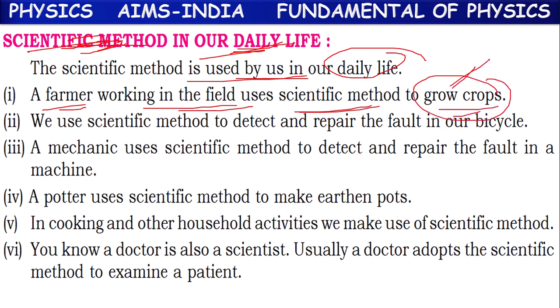He will do experiments with some kinds of natural manures like cow dung, while growing different types of crops. He will bring different types of plants and use different types of manures. Like that, he will do experiments and he will grow the crops.